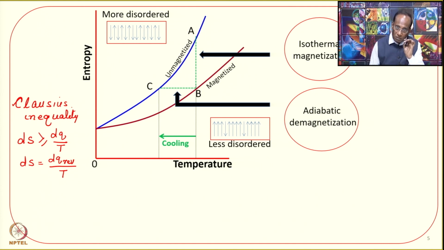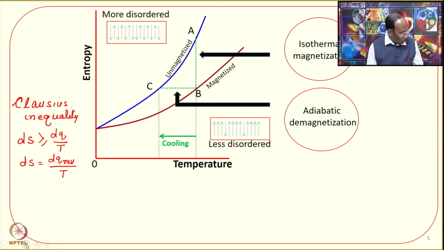If the process is reversible and adiabatic, no heat is exchanged between system and surroundings, so dq is equal to 0. If dq is equal to 0, dS is equal to 0, that means the process becomes isentropic. The entropy does not change.